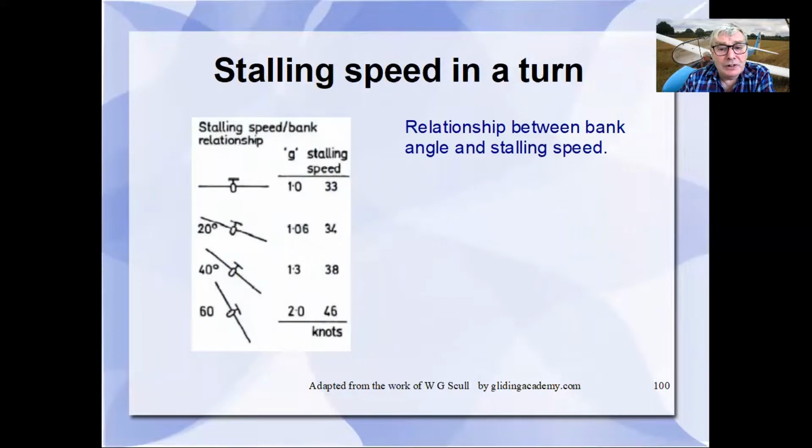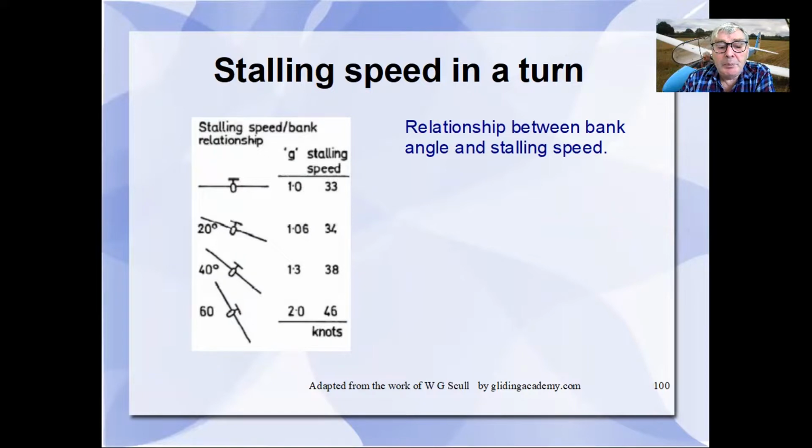And what happens is the stall speed progressively increases as we're getting further banked, and this diagram shows it nicely. So when the wings are level, in our example, perhaps a K-13, the G force is 1, so it's 1G, and the stalling speed perhaps 33 knots.